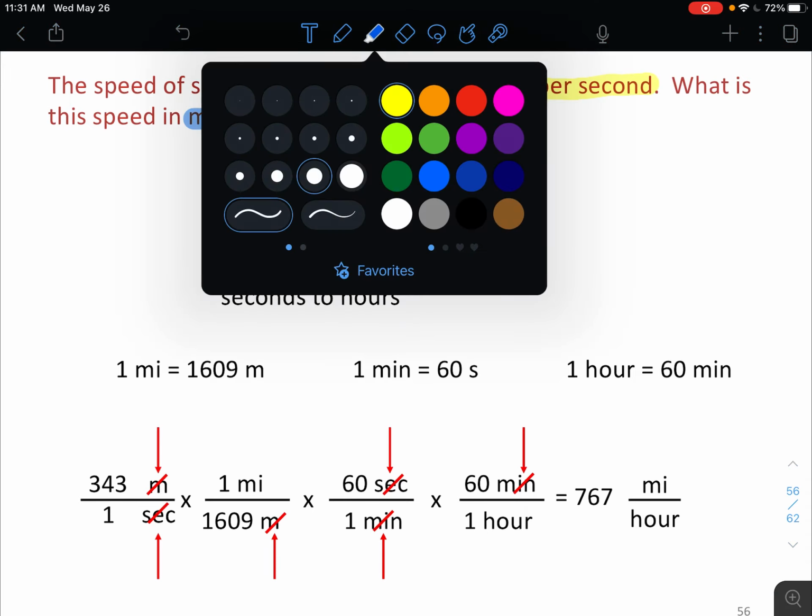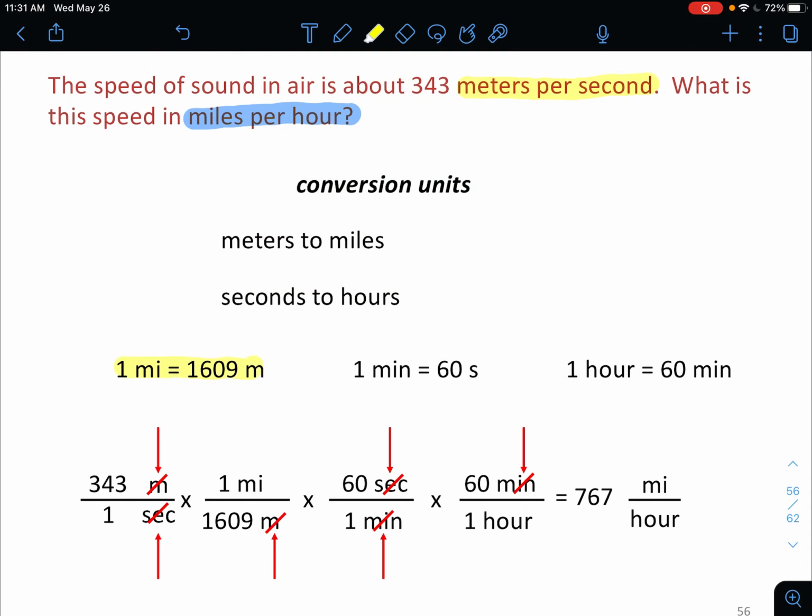I think this conversion here, 1 mile equals 1609 meters, that's a really convenient one. I don't think you have it on your problem set 1 set. I just gave you miles to feet and feet to meters, but if you combine them together, you would get this one directly from miles to meters, which is particularly helpful for a lot of these.